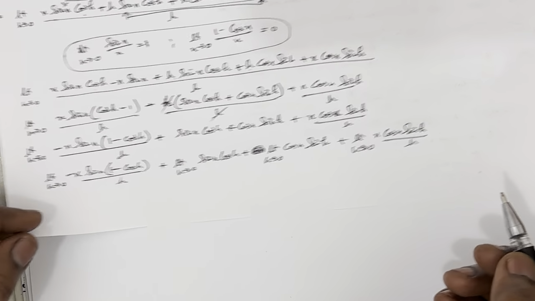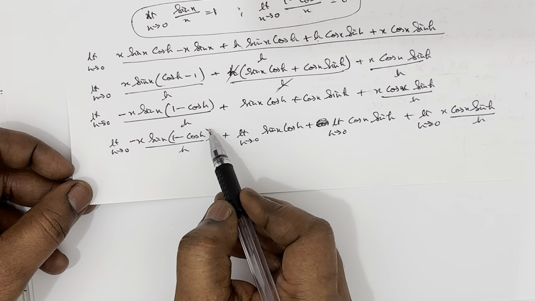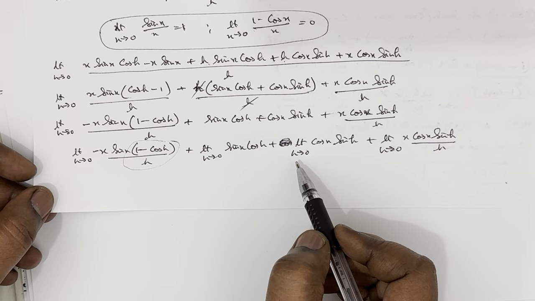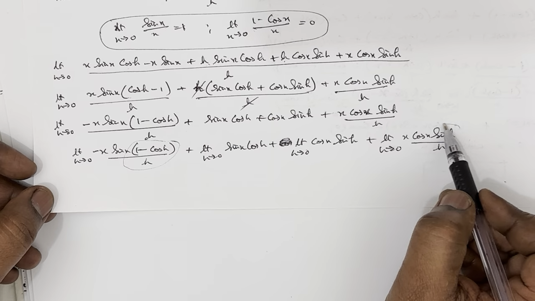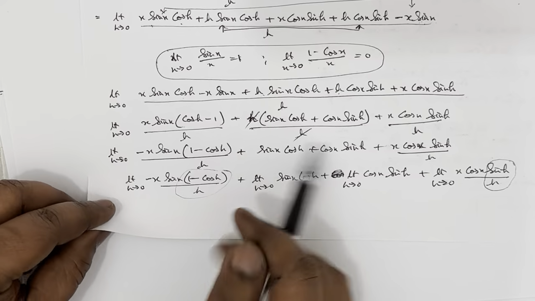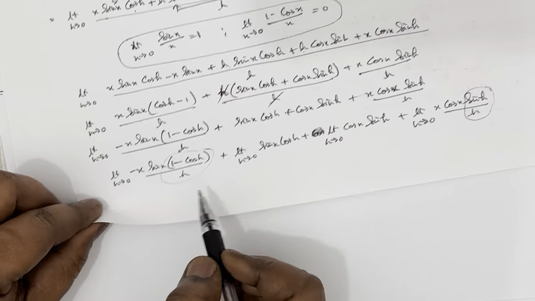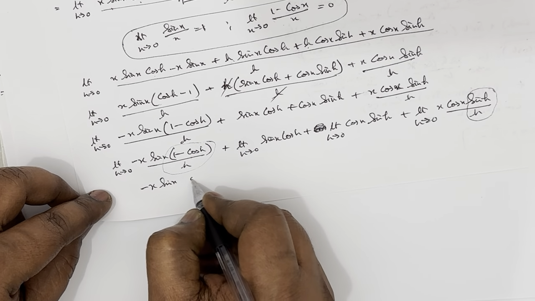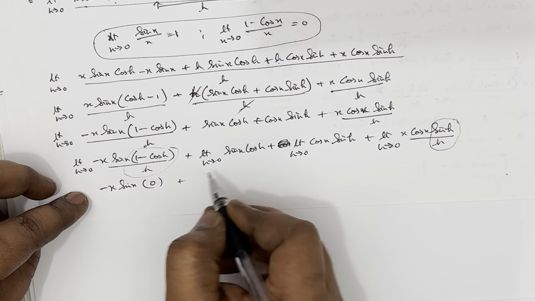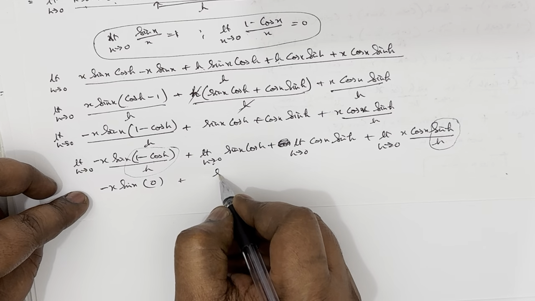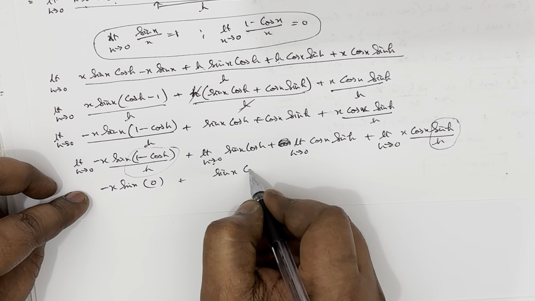Okay, that's it. Now you see 1 minus cos h upon h will be 0, and here sin h upon h will be 1 according to the theorems. So the limit as h tends to 0 of this will be 0. So we get minus x sin x multiplied by 0, and putting the value of h, you get sin x cos 0.